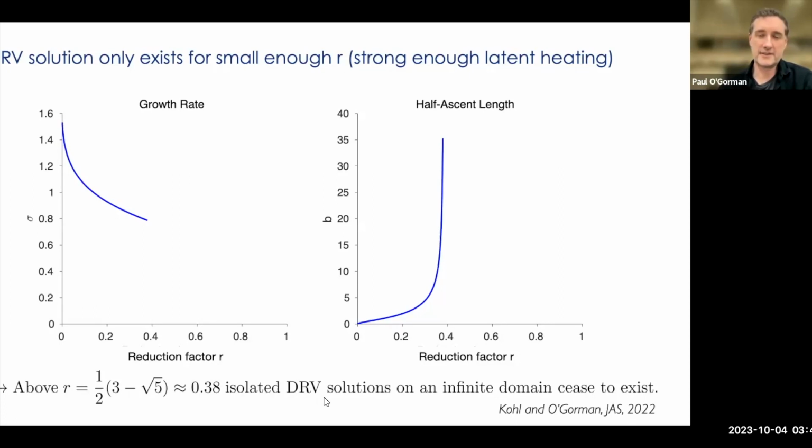There is this kind of transition between wave-like and vortex-like solutions that has been seen before. For example, there's a paper by Lapeyre and Held, who also saw it in a different type of two-layer model. And so it's not clear how this threshold extends to the real world, for example, but it's certainly interesting. It's there in the two-layer model that we've developed.